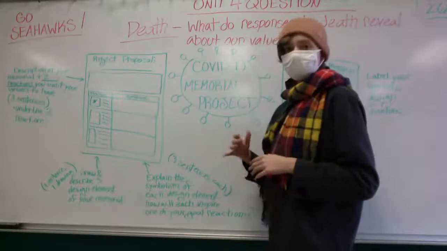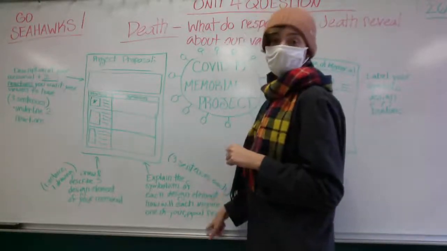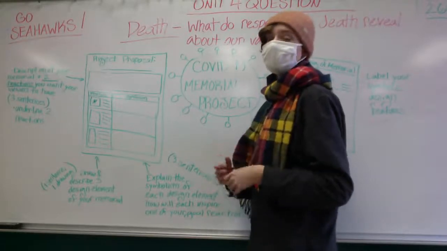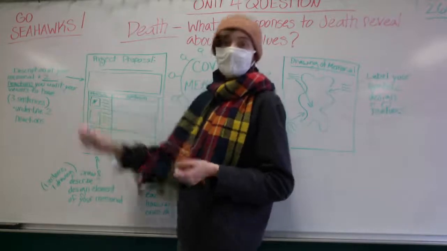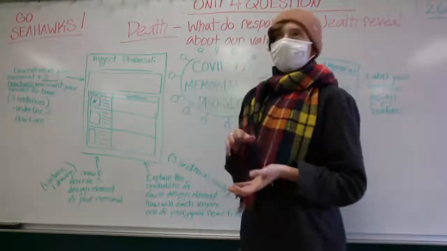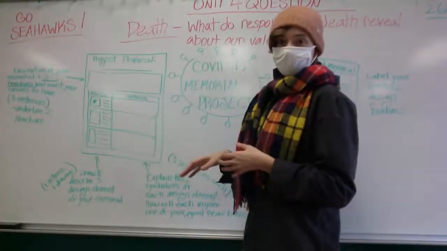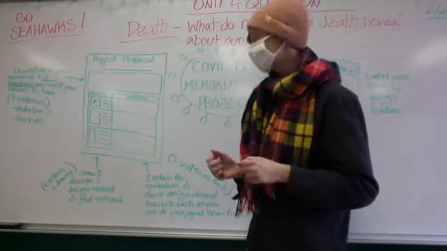You will also include how those symbolic elements are supposed to inspire these feelings in your viewer. So I want you to really think about why am I choosing this design for this symbol, and how is this symbol going to create a feeling in my viewer?